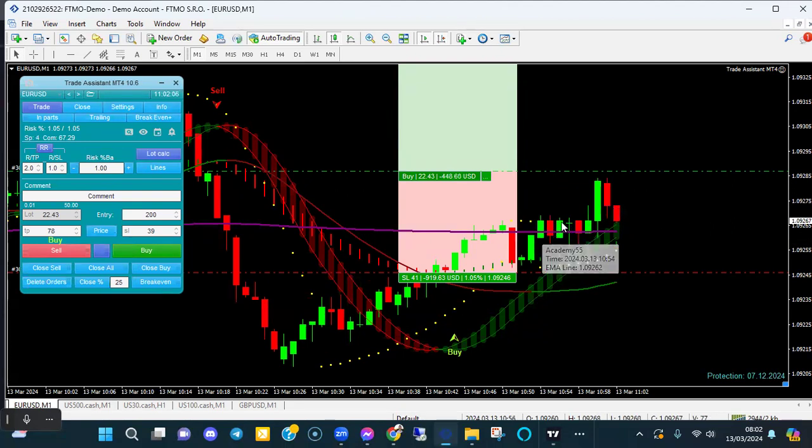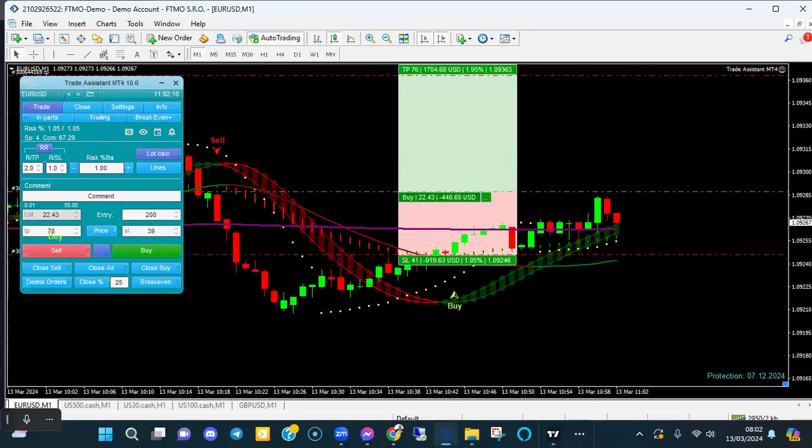The bias is for more of a buy situation. Price wants to go up away from this purple line. And then when price goes below the purple line, price wants to go down away from the purple line. That is the significance of that purple line.